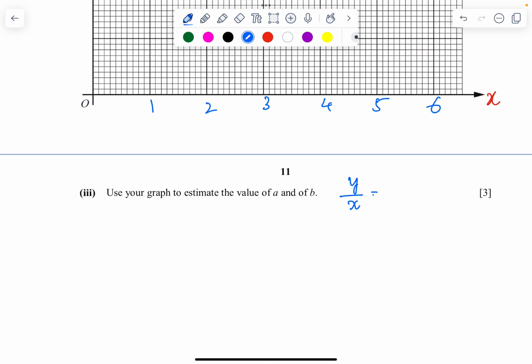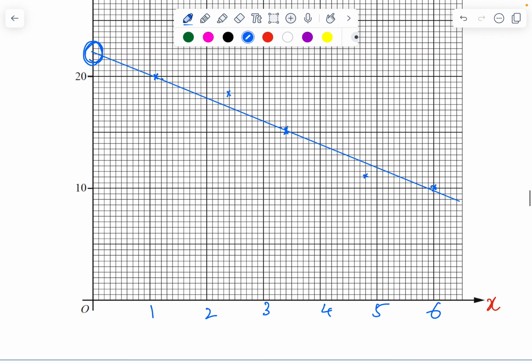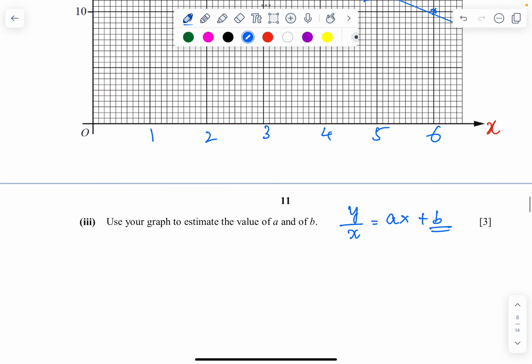Y by x is equal to Ax plus B. So you can see that B is the y-intercept, so I can use this y-intercept. I can say it as 21, 22, let's say 22 point something. So B is, I will just approximately say, 22.5 or something like that.